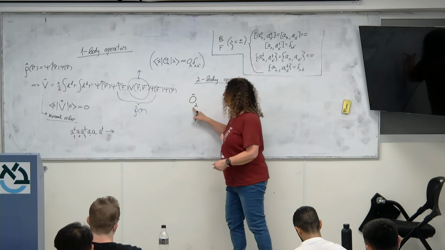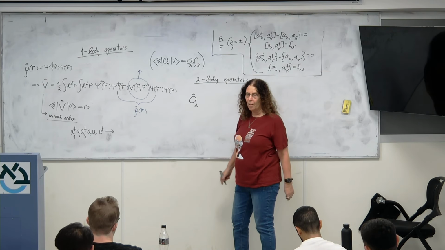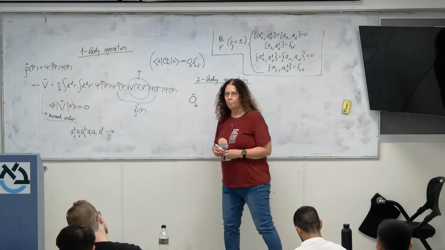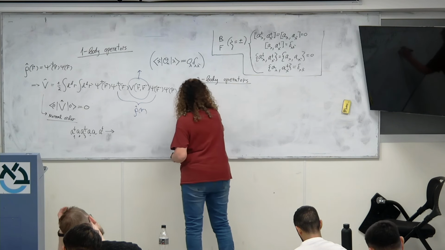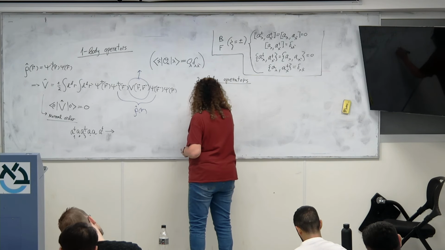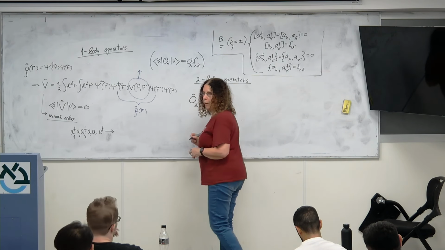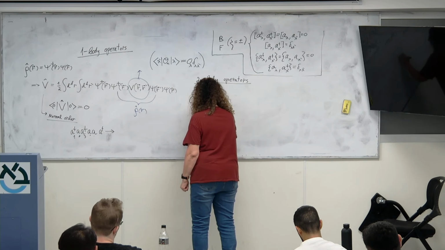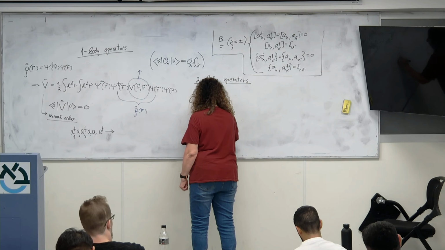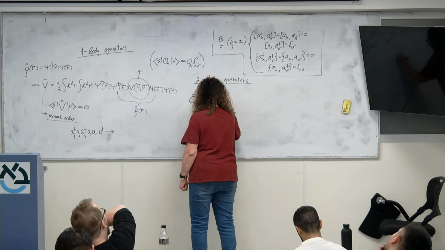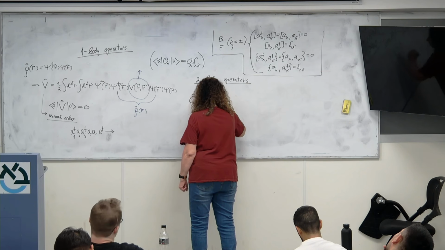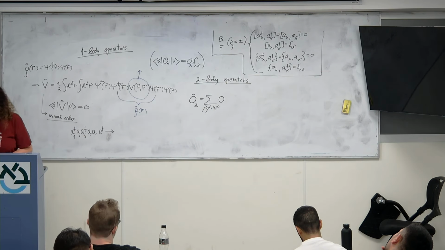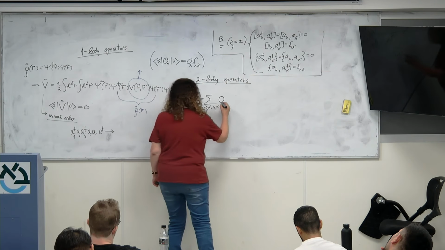Actually, let me call it O2, not even V, because it's a general two-body operator. It's going to be like that. We sum over not 2 but 4 indices in general. Let me call them mu, mu prime, lambda, and lambda prime. And then we have a matrix element, which I'll define in a minute, with these 4 indices.